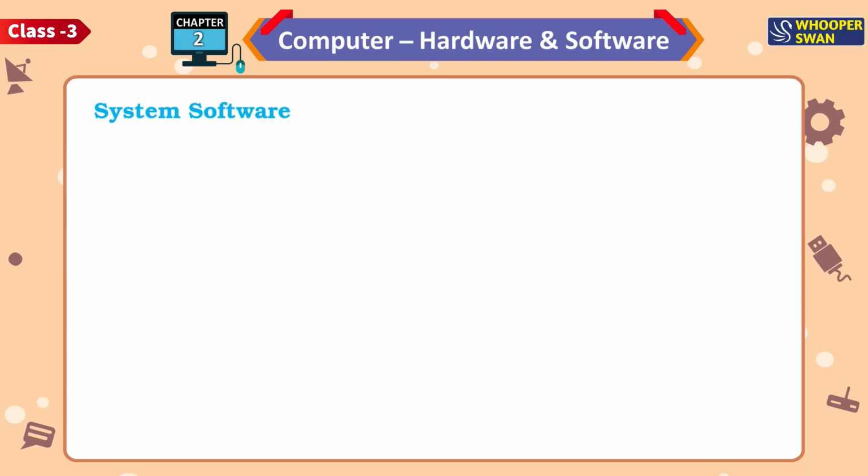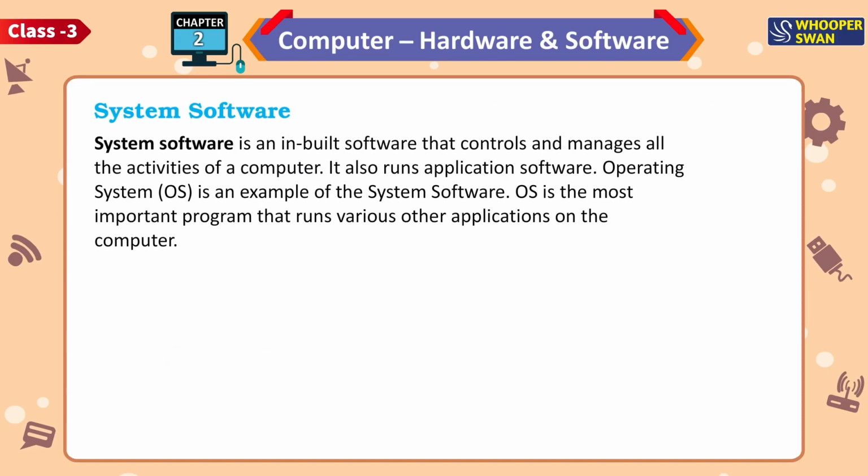System software. System software is an inbuilt software that controls and manages all the activities of a computer. It also runs application software. Operating system, OS, is an example of system software.